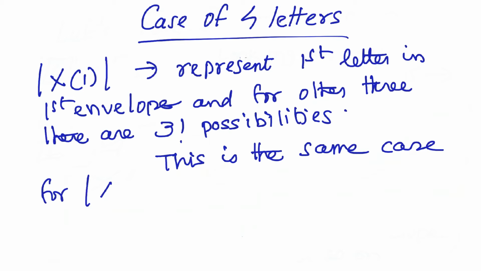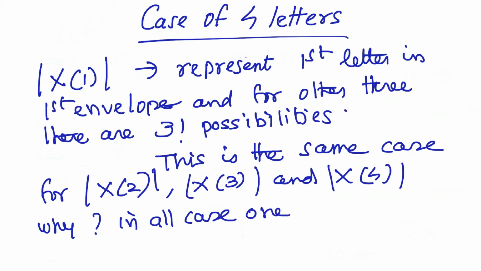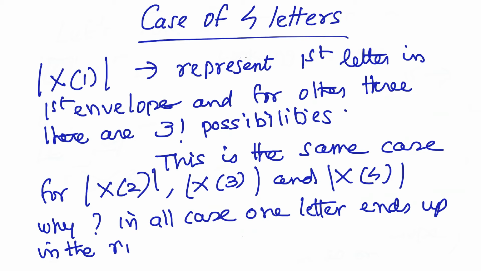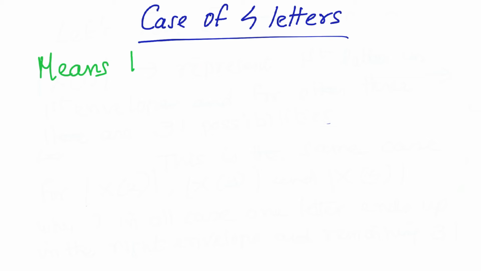What does this deal with? This is the same case if we are dealing with x2, x3 or x4. In all those cases, each one of them has one case where the value would be in its intended position, and 3 factorial other possibilities would be coming up. So in all cases, one letter ends up in the right envelope, and of course, for the other 3 letters, there are 3 factorial combinations. So the right positions, one each for x1, x2, x3, and x4.